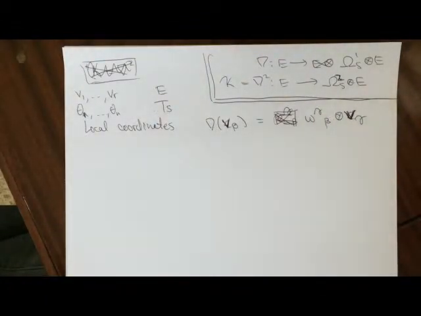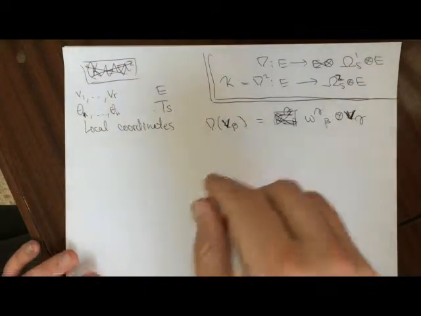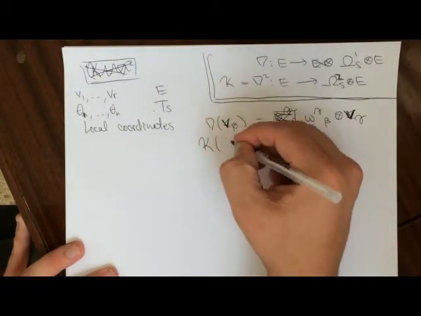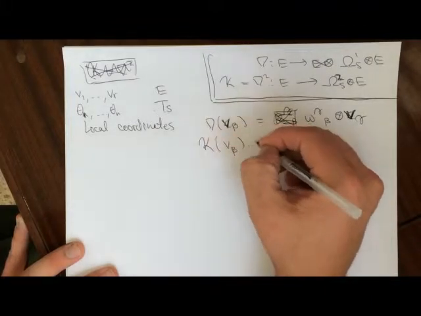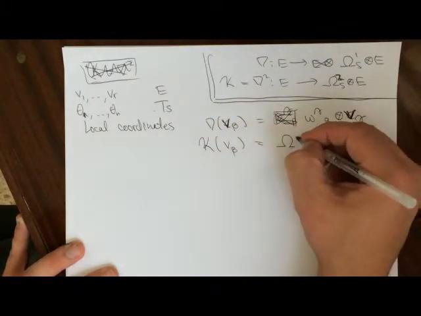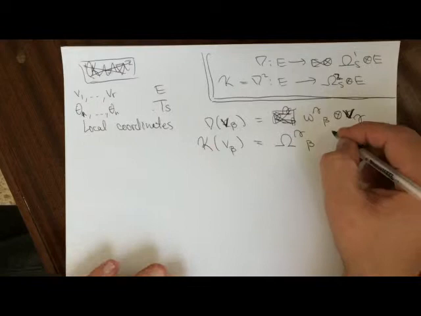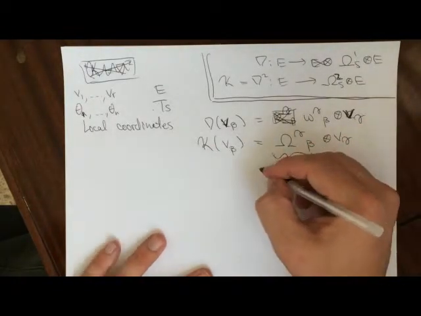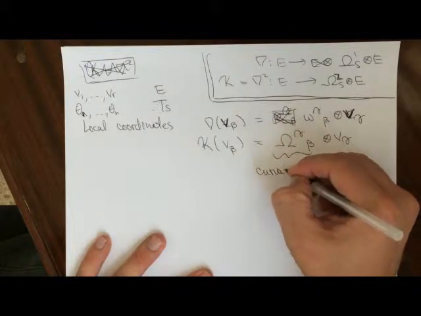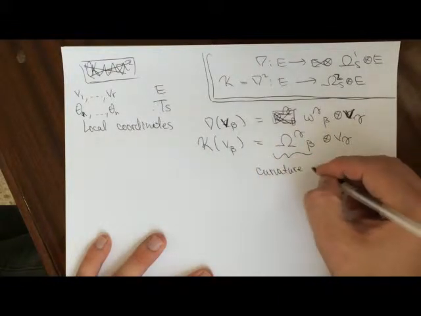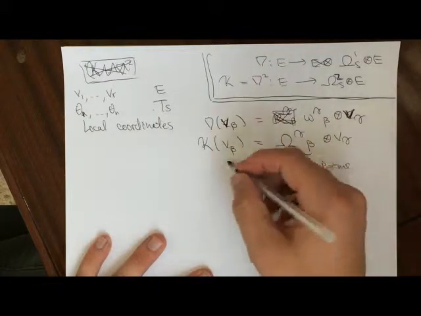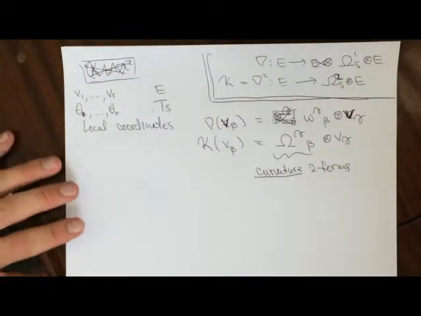So when we write it out in coordinates, we can take K of V beta, and this is going to be omega gamma beta tensor V gamma, and these are the curvature 2 forms.